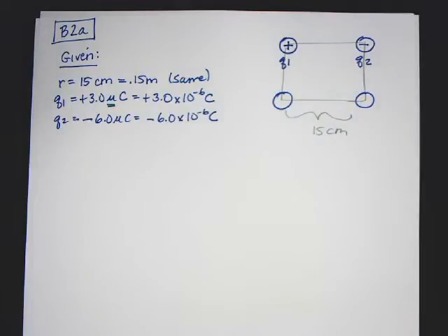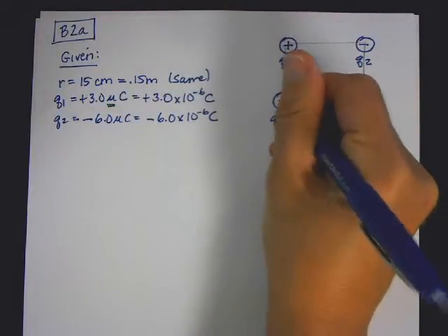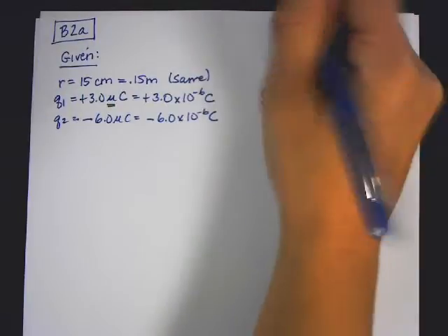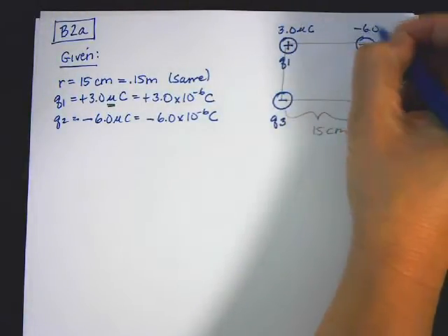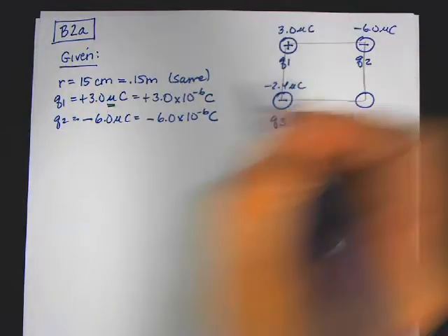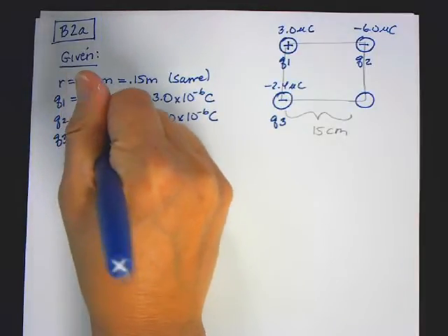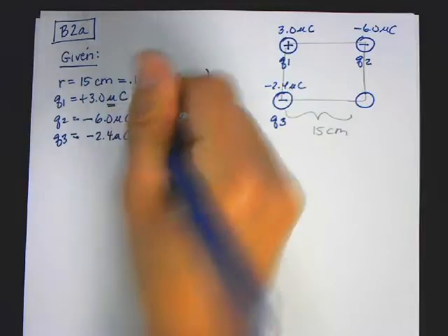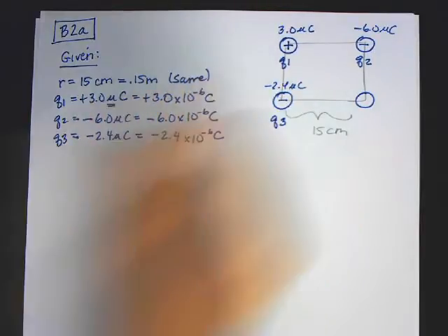The charge in the lower left is negative 2.4, so I'm going to call this Q3. If you want, you can just write it up here: 3.0 micro, minus 6.0 micro, minus 2.4 micro. So Q3 is equal to negative 2.4 microcoulombs, which is negative 2.4 times 10 to the negative 6 coulombs.